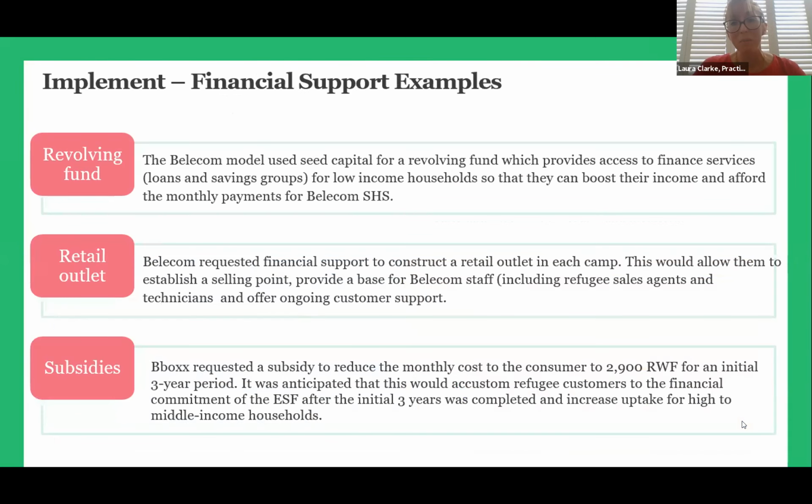And to give some examples of the kind of financial support we provided. As Bellicom identified, accessing the bigger segment of the market really required some financial support for those customers. They had this concept of a revolving fund.